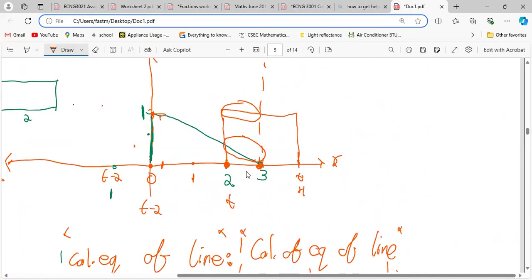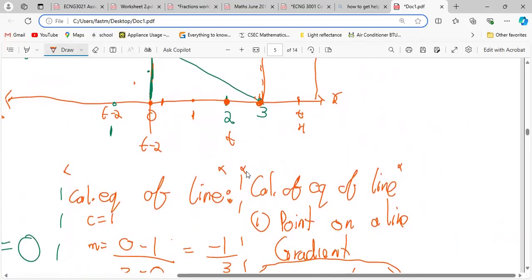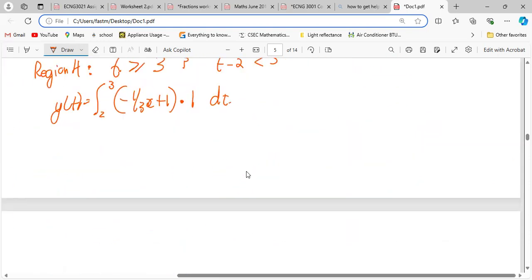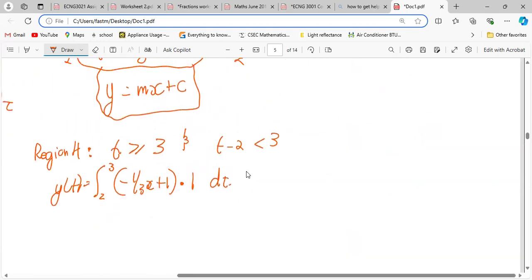So now the next piece that will happen is when the shape completely passes. So basically, we ended up with this. So now we have no overlapping anymore, right? So now that'll be the last region. So region 5.